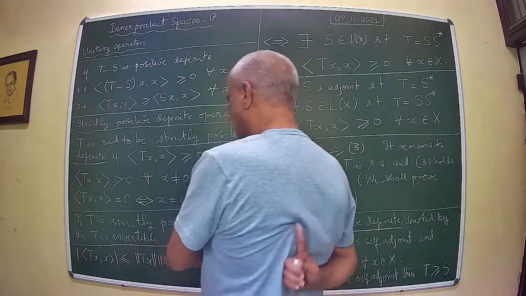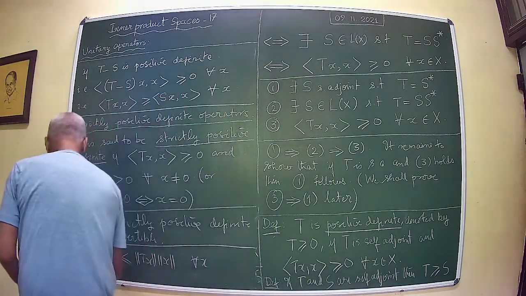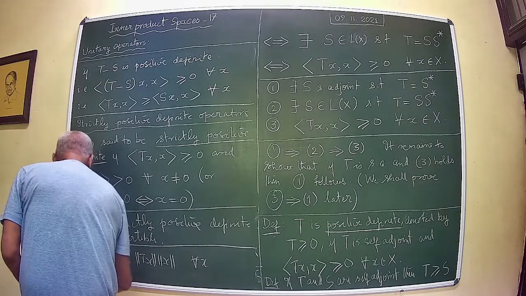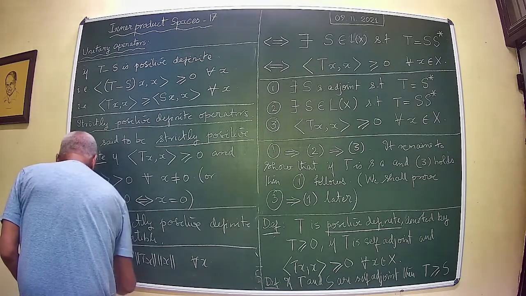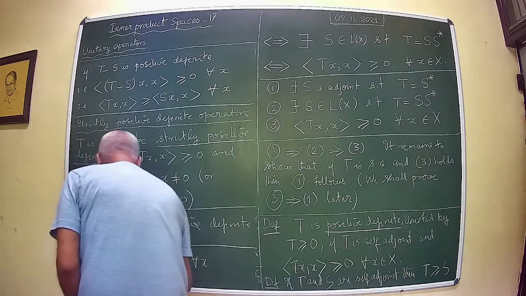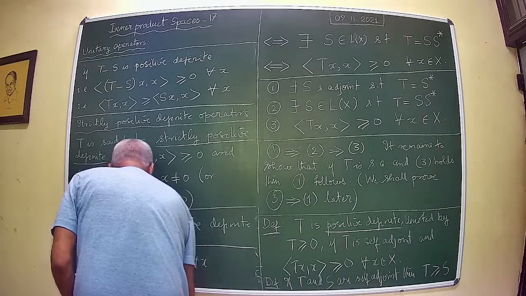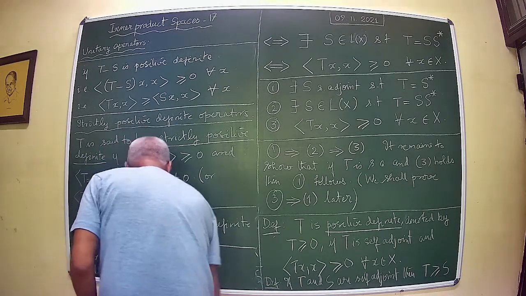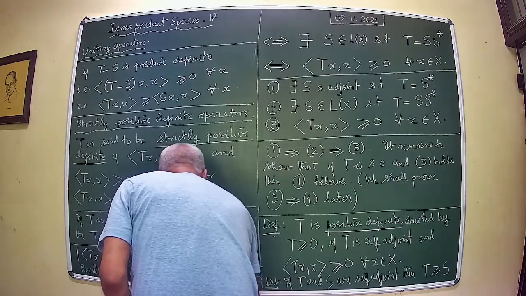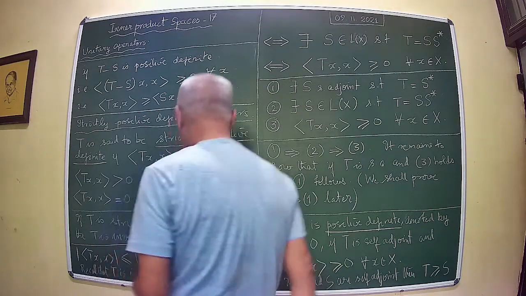What we want is, T is invertible if and only if Tx equal to 0 implies x equal to 0. That's what we want to prove.